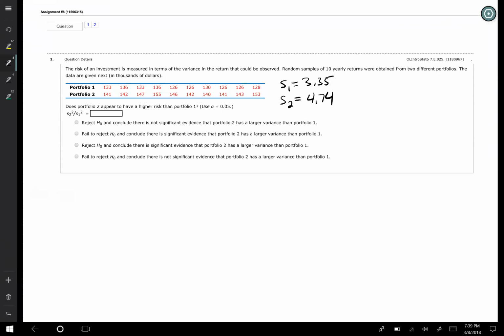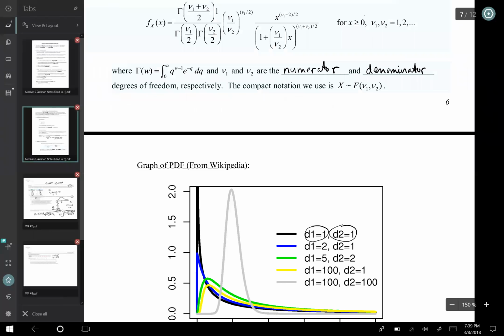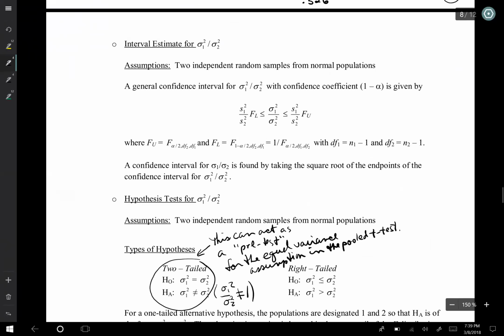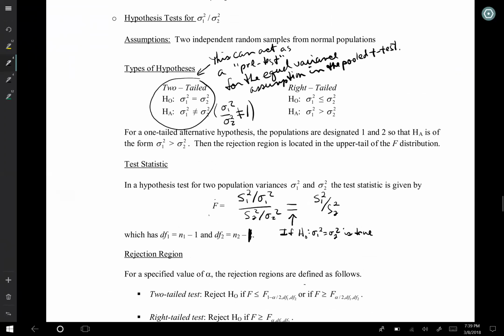If you go back to the notes, in the test of hypotheses, we either have a two-tailed test or just a right-tailed test. Notice it's a right-tailed test, not a left-tailed test.